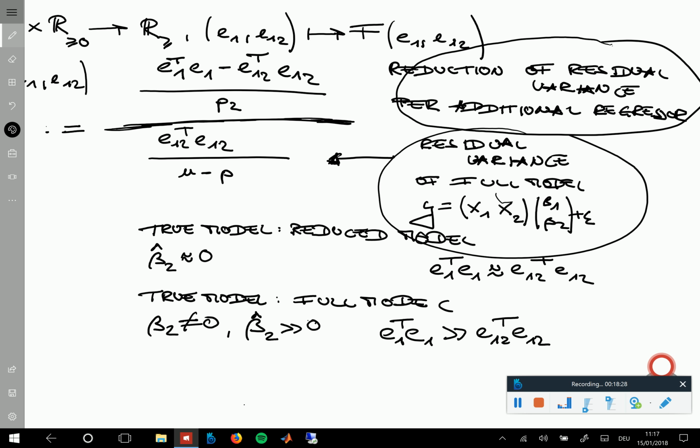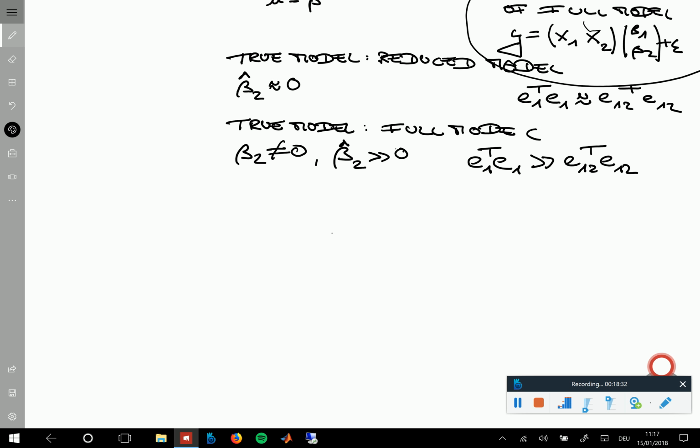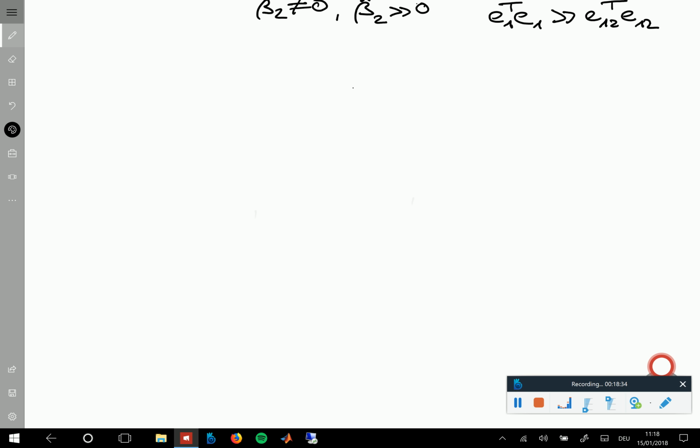Then I next cover briefly the distribution theory for F values.